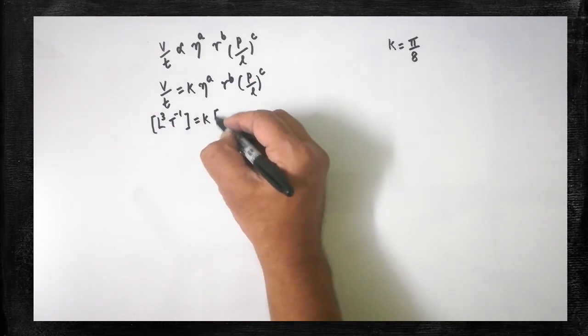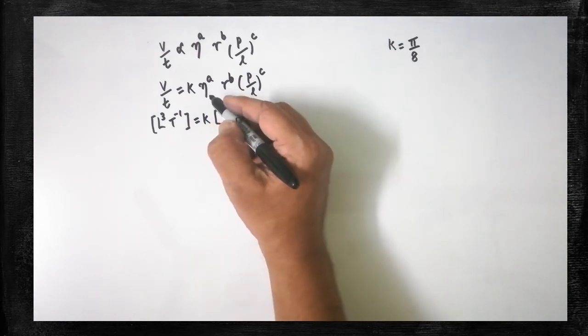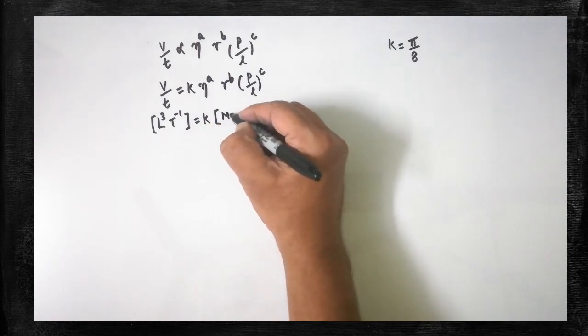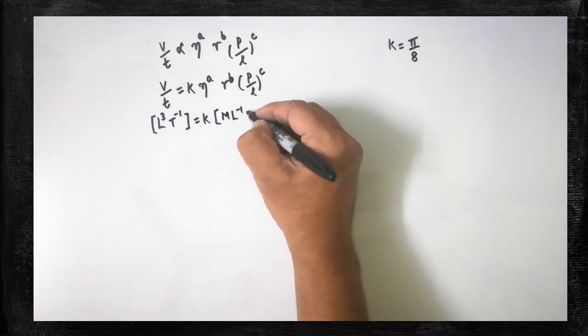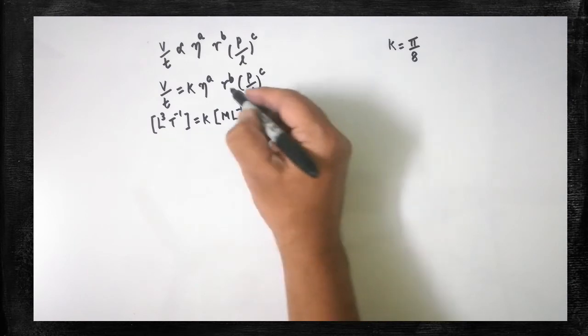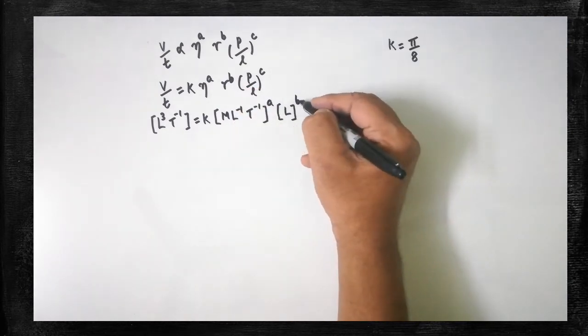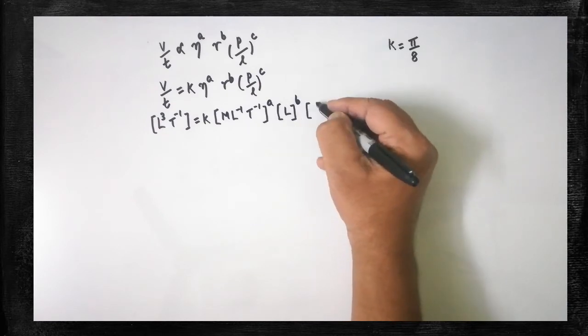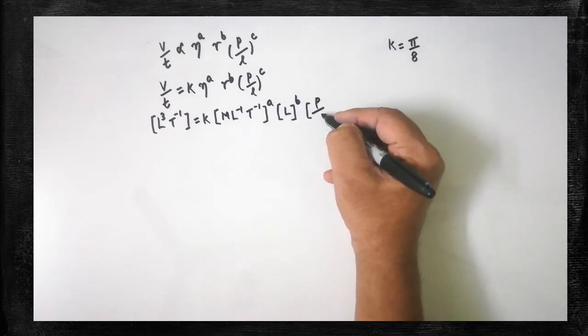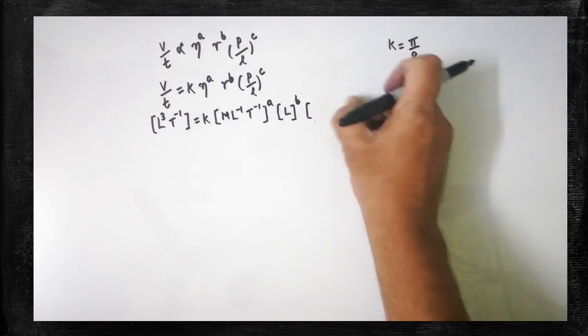K. The next one is coefficient of viscosity. Its dimensional formula is M L inverse T power of minus 1, power of A. R, its dimensional formula is L, there the power B must be written. And then P by L, pressure gradient. Instead of pressure gradient, its dimensional formula must be written.